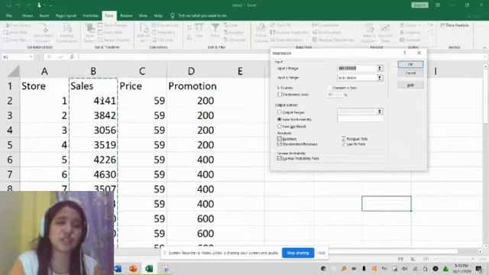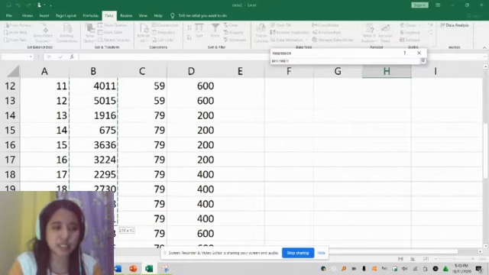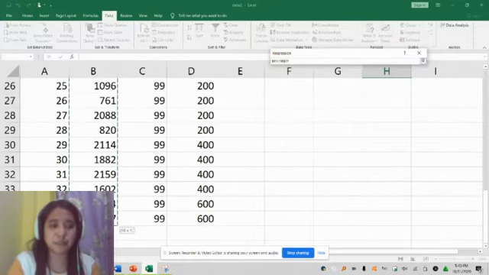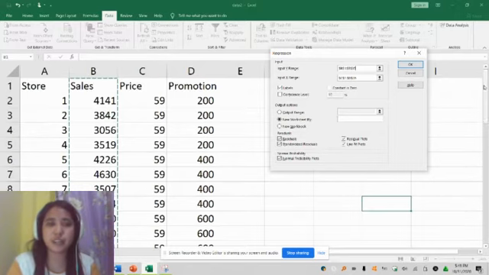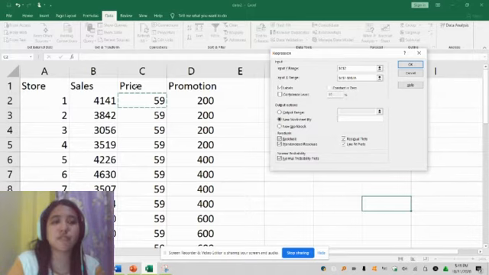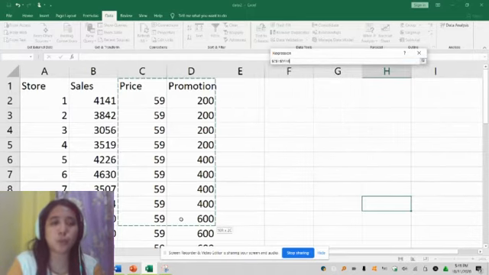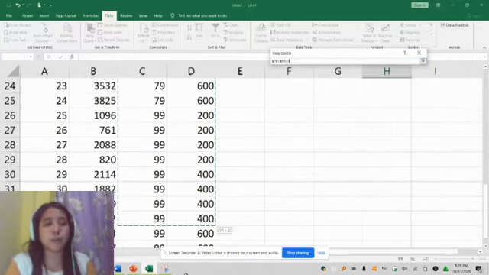So you just need to select the sales. And since I selected the first row, which is the label, I have to check the labels. And then for the X range, since we have two variables involved here, we have to select the two columns, the price and the promotions.